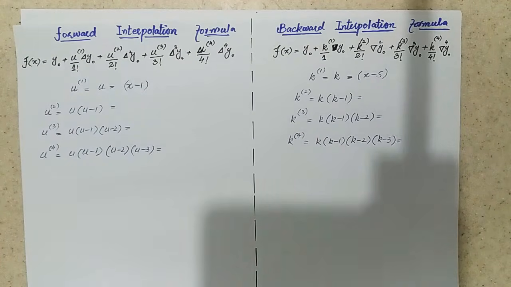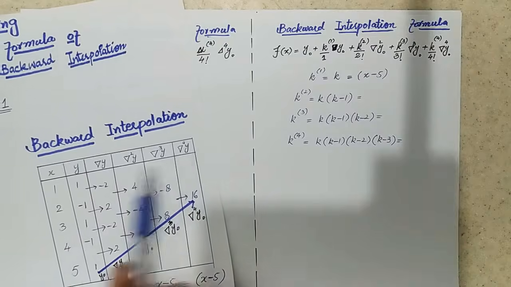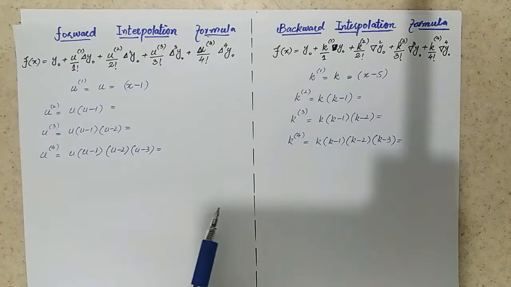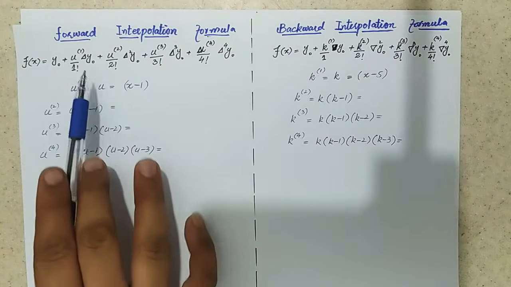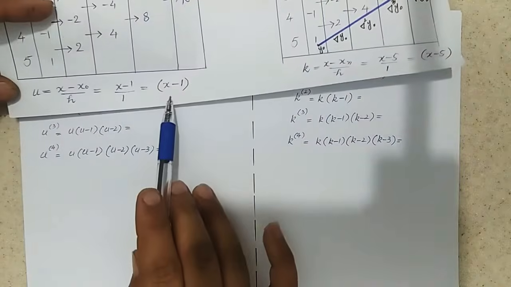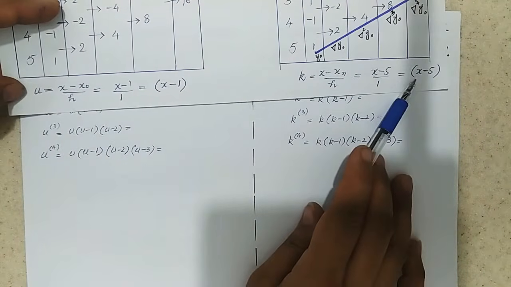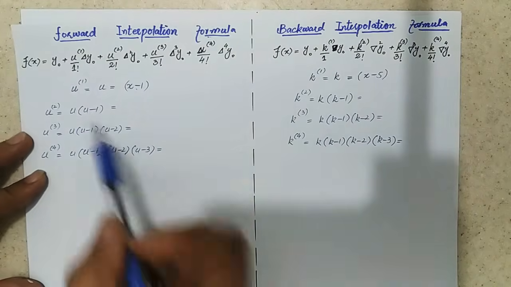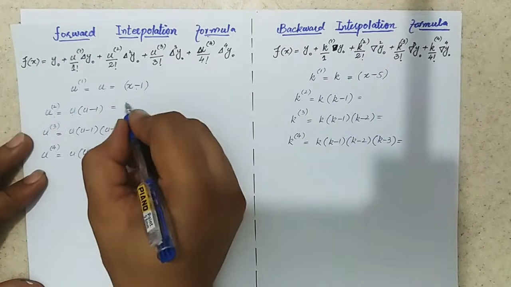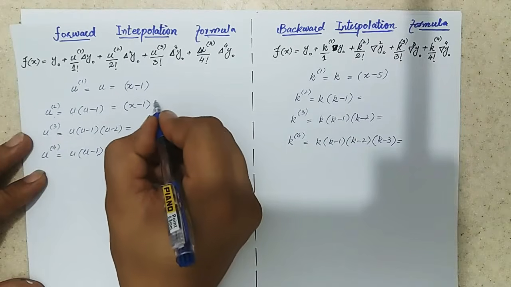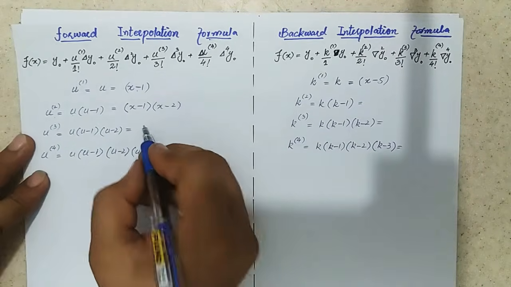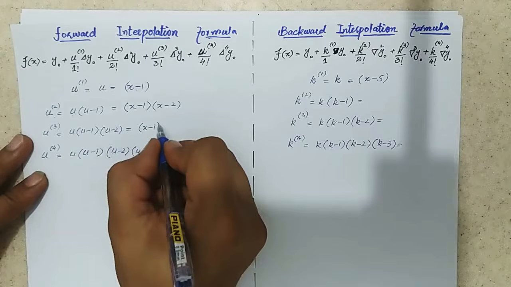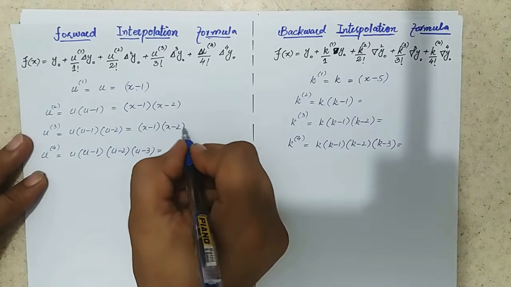We have written the forward interpolation formula and the backward interpolation formula up to the del 4 y term. As we have found, the value of u is x minus 1 and the value of k is x minus 5. So u1 is u, that is x minus 1. u2 is u into u minus 1, so we write x minus 1, x minus 2. u3 will be x minus 1, x minus 2 and x minus 3.